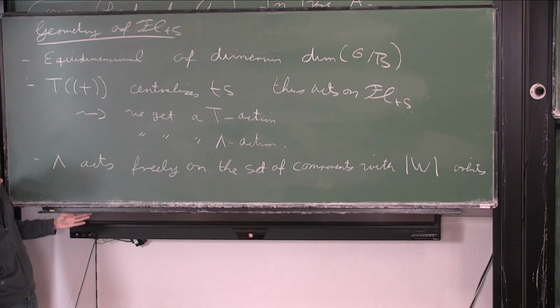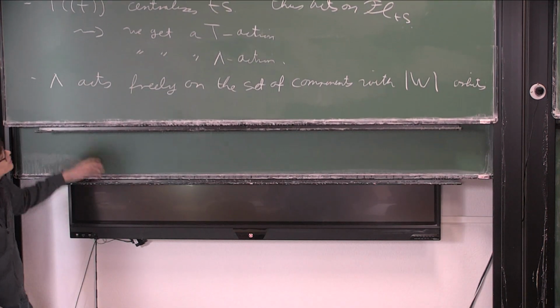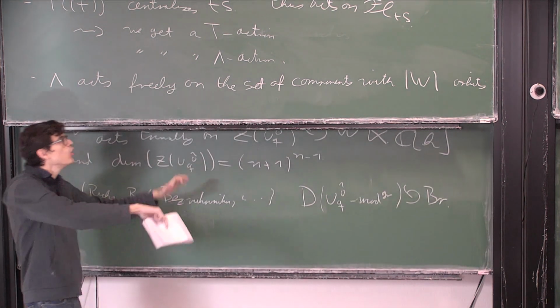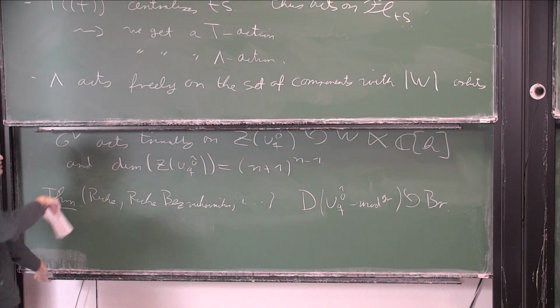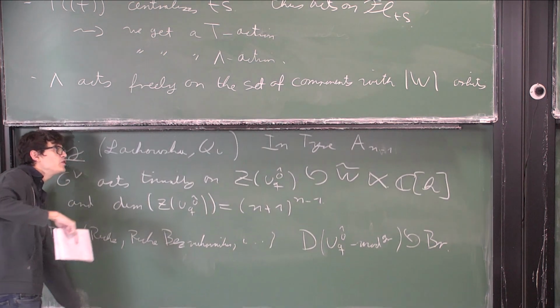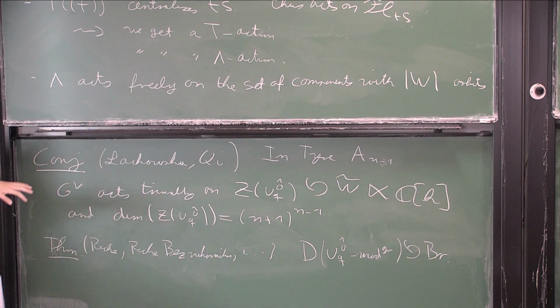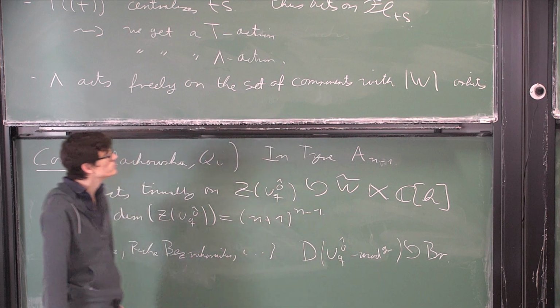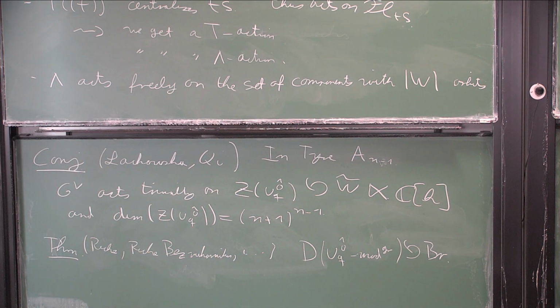Okay, so this space has infinitely many components, such that they form W different orbits under this translation by the lattice. So in some sense, there is a bijection between irreducible components and the affine Weyl group, W times lambda.